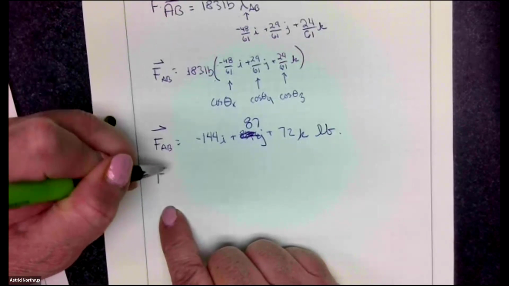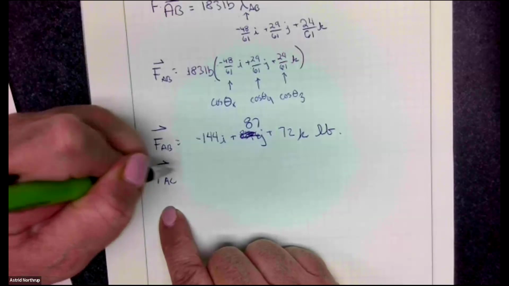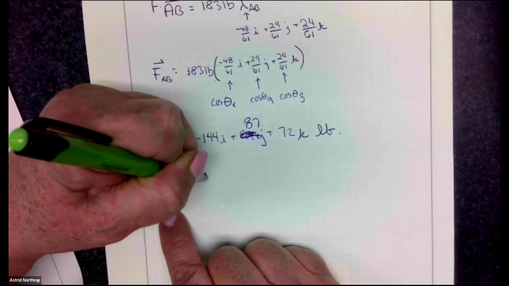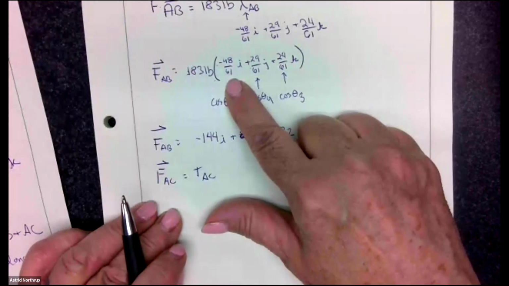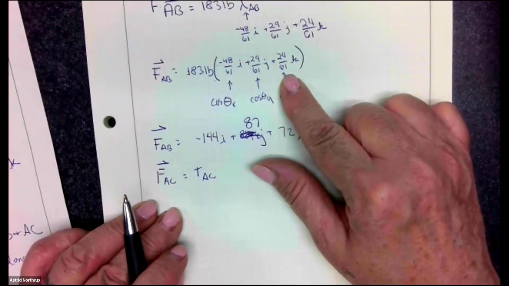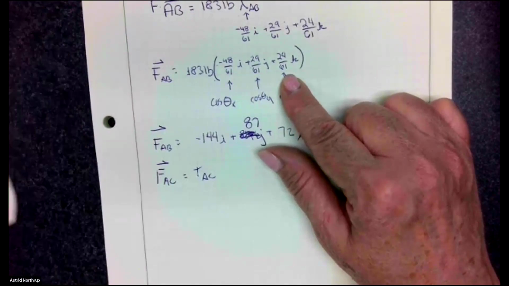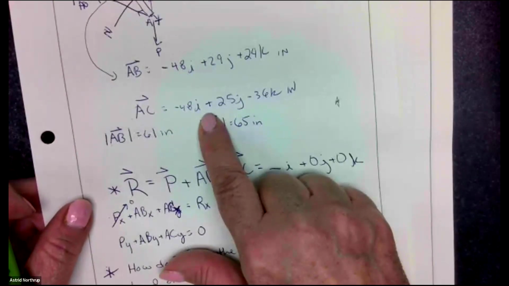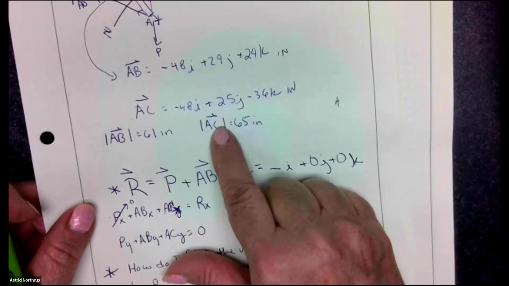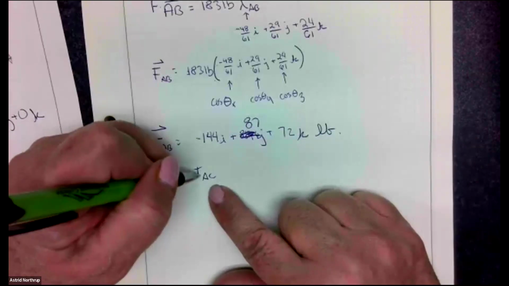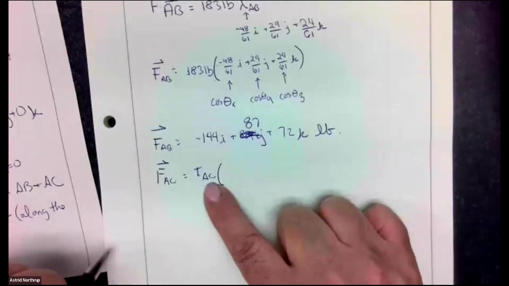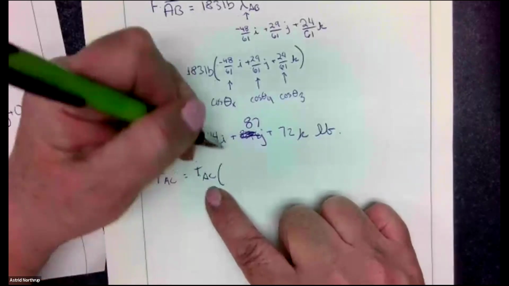What is FAC? Well, in a similar fashion, it's TAC, that magnitude of the tension, times the unit vector along vector AC. So if I look at that data, I have negative 48, 25, and negative 36, each one of those numbers divided over 65. But now I don't really know the magnitude of TAC, so I just have to leave it as a variable TAC.